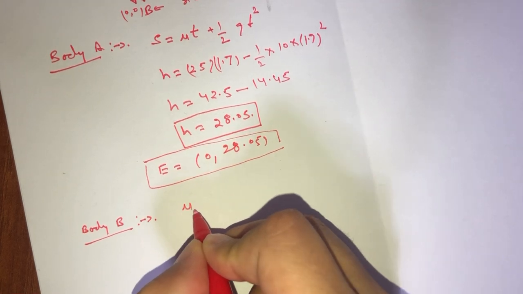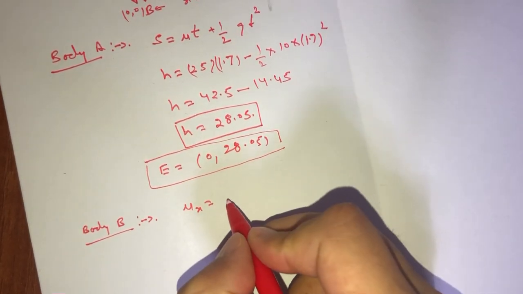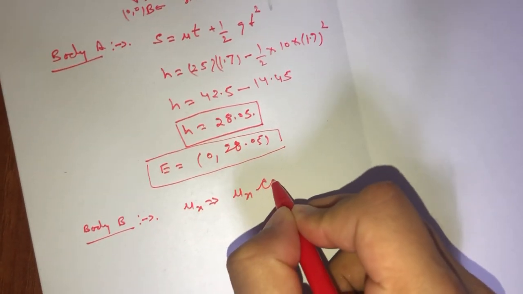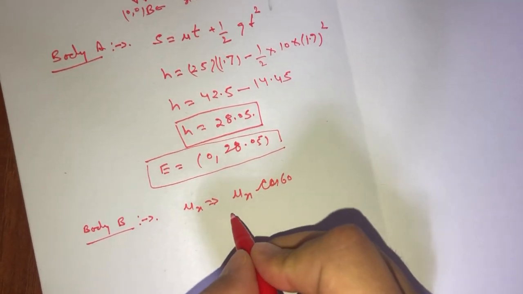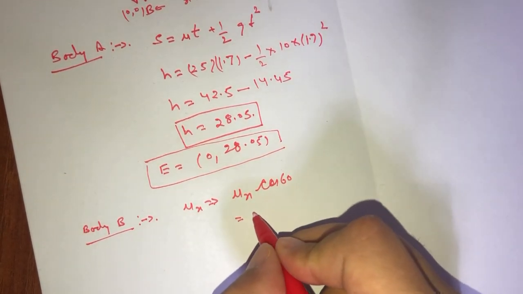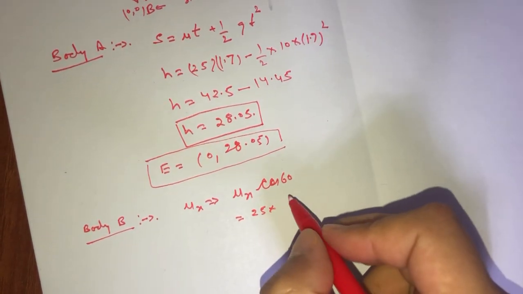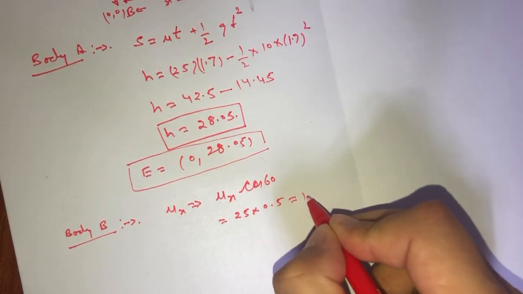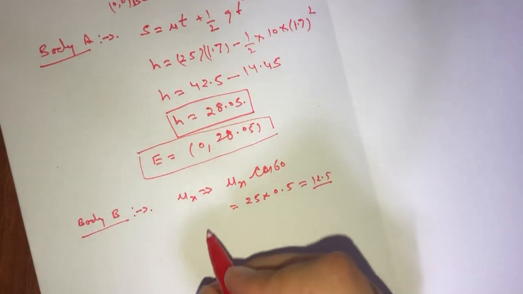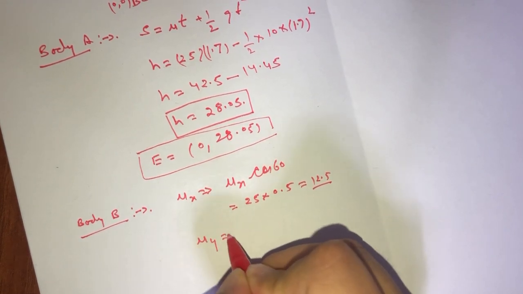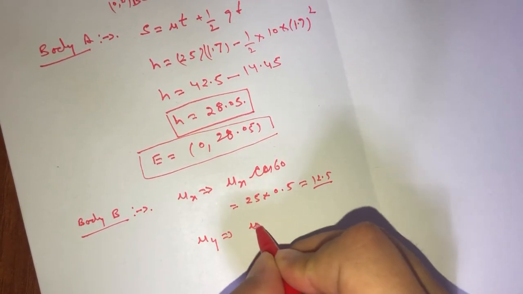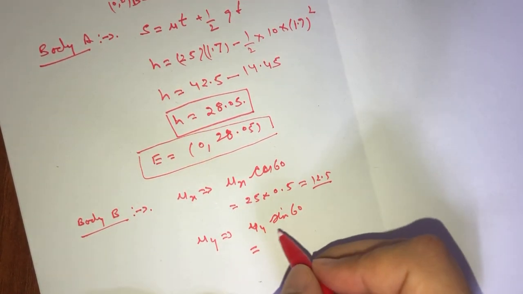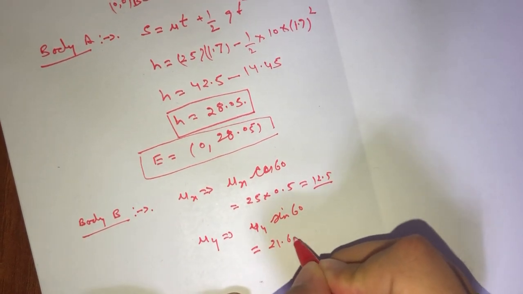In the horizontal direction, u of x will be given as u cos 60, and this will be equal to 25 into 0.5, which is 12.5 meters per second. In the vertical direction, u of y, we can write u sin 60, which will be equal to 21.65.